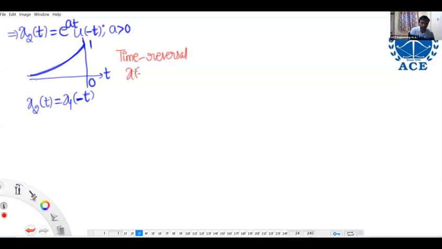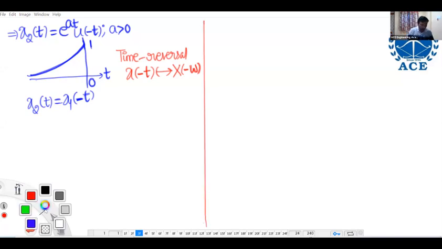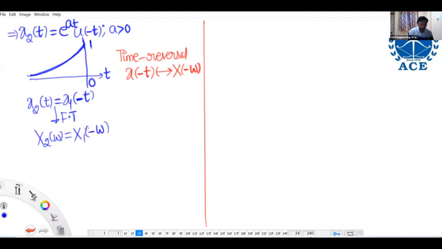The time reversal property of the Fourier transform is, if t is replaced as omega, minus t is replaced as minus omega. That is reversal, sir. So what is the Fourier transform for this expression? We can write x2 of omega equals x1 of minus omega.